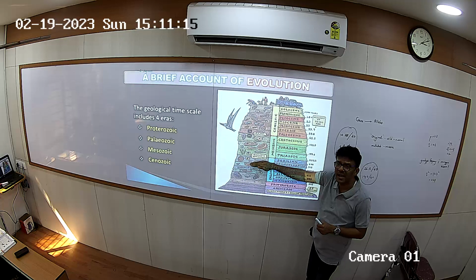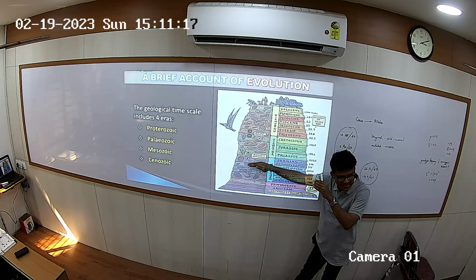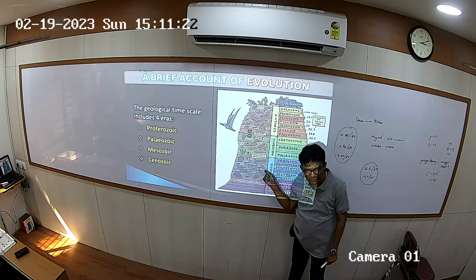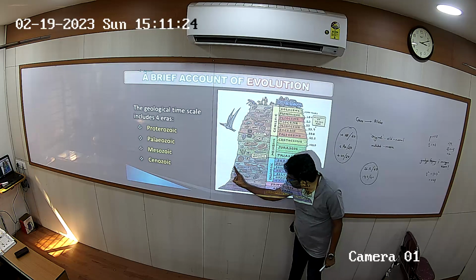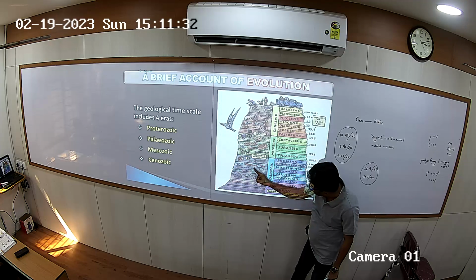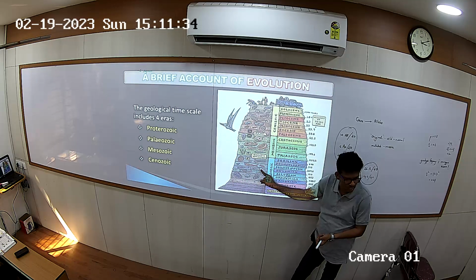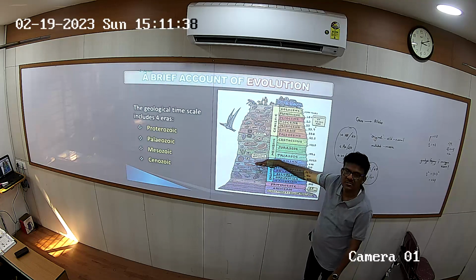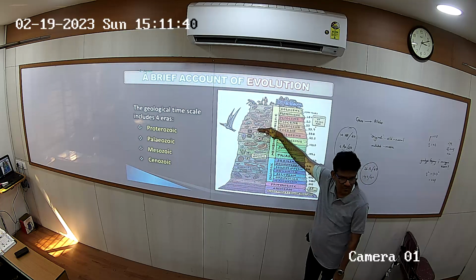Whichever plants and animals get fossilized under it are identified. We find out the age of this layer of rock, which will coincide with the age of that organism. If this rock is 70 million years old, the fossil also is that many years old. So these are the layers of Earth's crust.